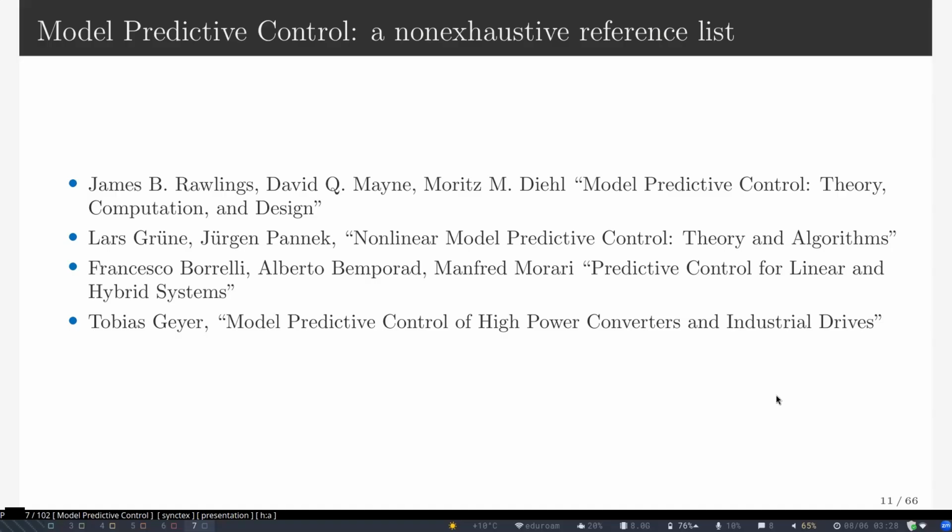And then Borrelli, Bemporad, and Morari have the other book that really focuses on linear systems, but then moves to hybrid systems. Tobias Geyer has a very specialized book on application of MPC to power electronics applications. But again, I would recommend this one after you read one of these.